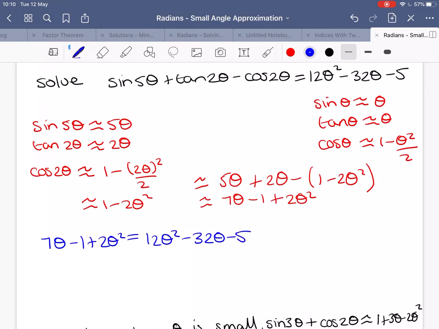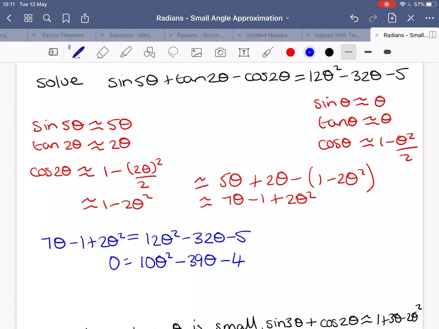Right, what have I got? I've got a quadratic in theta. Need to make it equal to 0. So I'm going to get 10 theta squared, because I'm going to take 2 theta squared away from both sides, minus 39 theta minus 4. And to be honest, at this point you can just put this in your calculator.